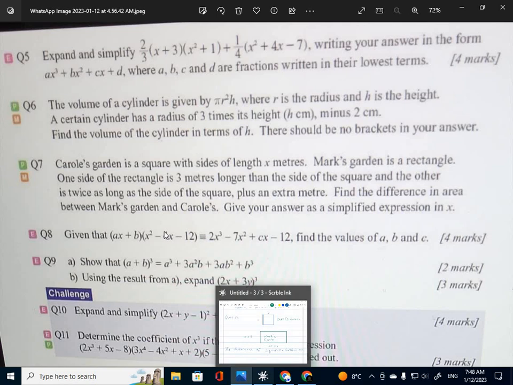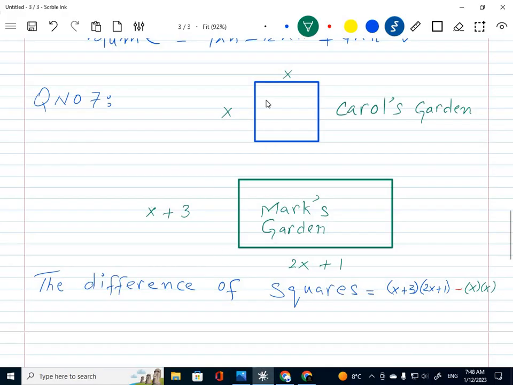So here we have the question statement, and let's see how we're going to operate. Suppose this square of x meter length is Carol's garden, and like given in the statement, Mark's garden is a rectangle, one side of which is 3 meters longer than x, and the other side is twice as long as x plus an extra meter.